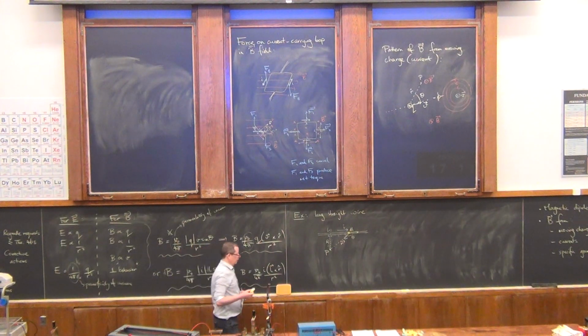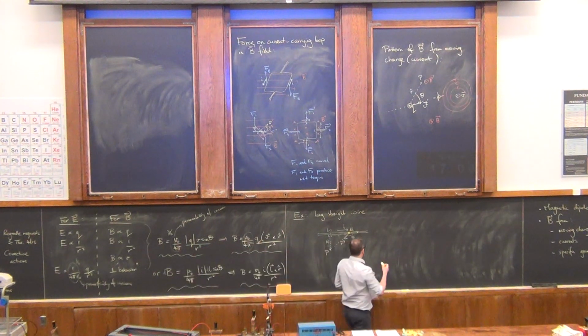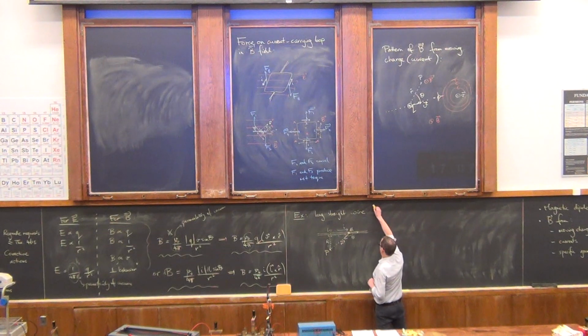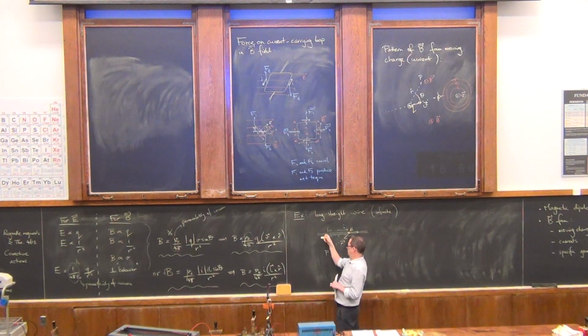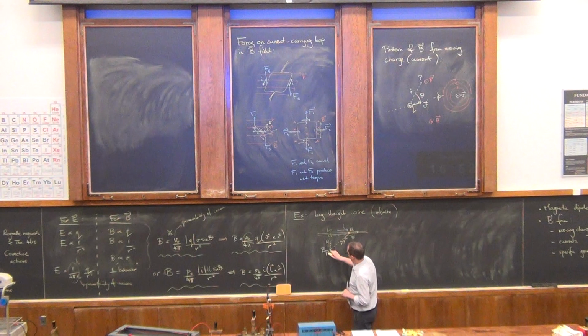Now, as we have done in some of our electric field cases, remember we had an exactly analogous thing where maybe we were figuring out the electric field at a point distance r away from a long line of charge. So here we're figuring out the magnetic field at this point.